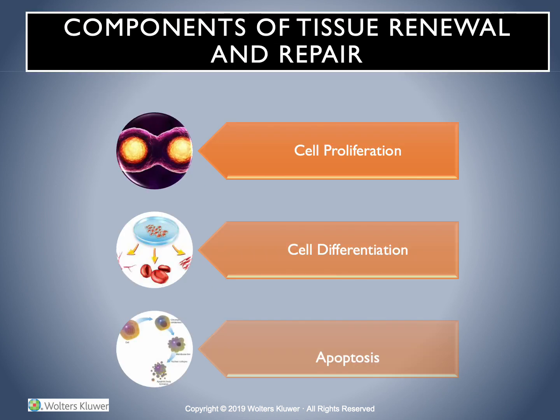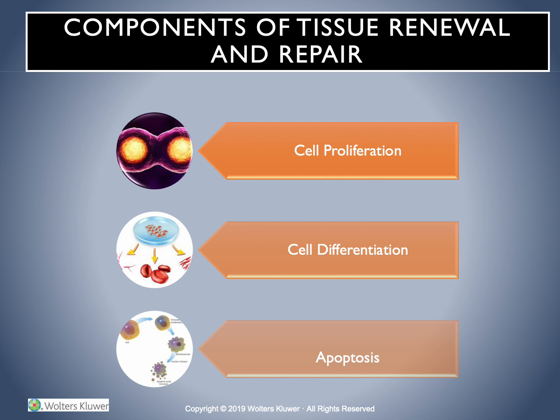Tissue renewal and repair involves several components, including cell proliferation, cell differentiation, and apoptosis. Cell proliferation is when tissue renewal and repair require the proliferation of cells to replace damaged or lost cells. Proliferation involves the division of existing cells to produce new cells. This process is regulated by various signaling pathways and growth factors.